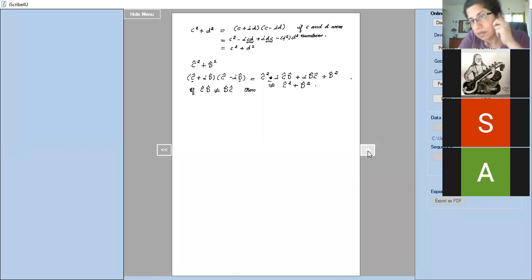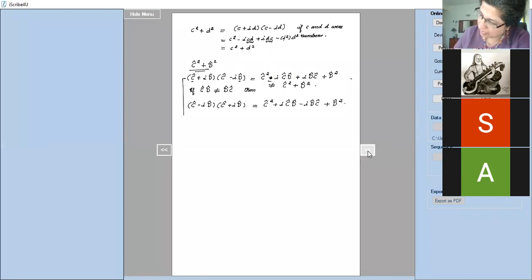Correct? So how do we get out of this? If I want to write this as a different expression, how do I get out of this? I can do it a little differently. I can say, now, what about C minus iD into C plus iD? So here I will get C square plus iCD minus iDC, and then I have plus D square.